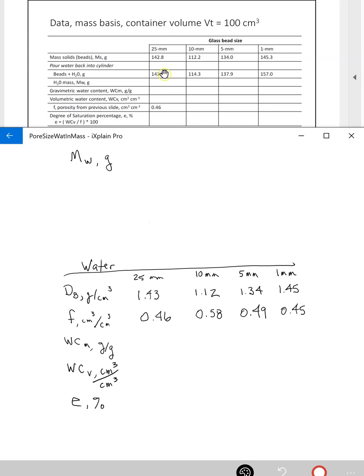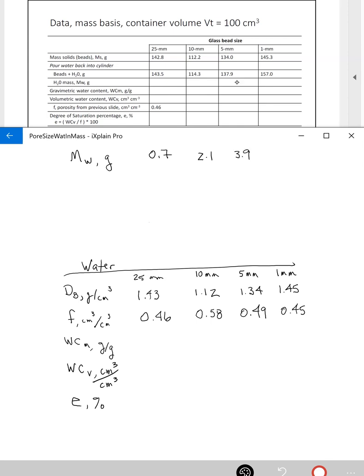Well, that's going to be 143.5 minus 142.8, so we end up with 0.7 grams. 114.3 minus 112.2, that should be 2.1 grams. 137.9 minus 134, that should be 3.9 grams.